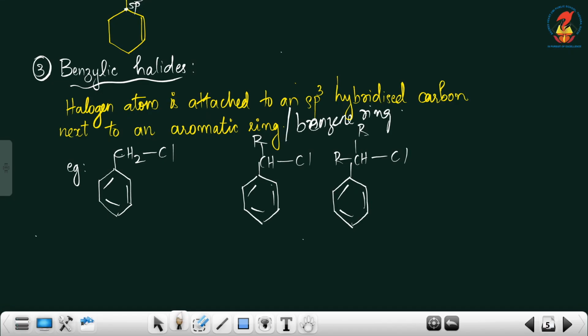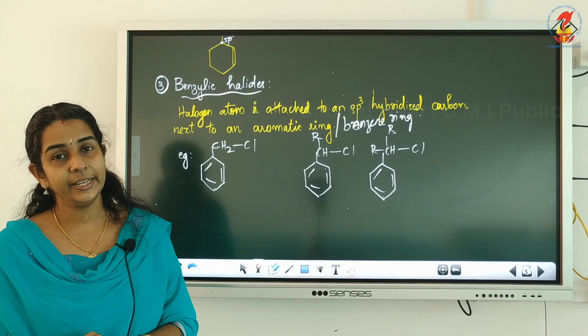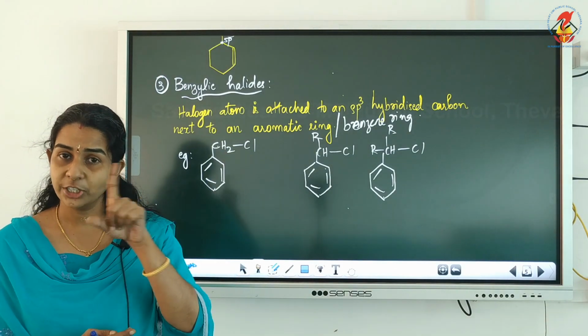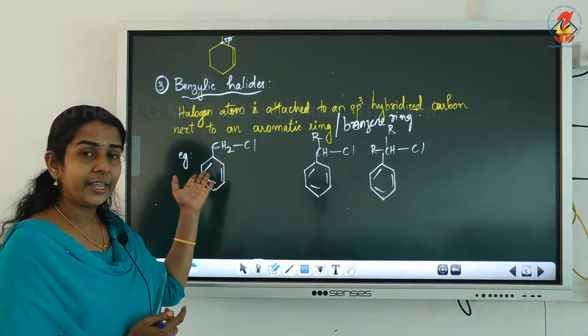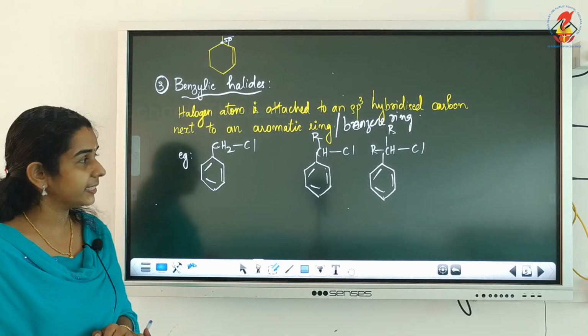So in benzylic halides, X will be attached to an sp3 hybridized carbon. On the adjacent position, not a double bond, instead there will be a benzene ring or aromatic ring. In allylic halides, the adjacent position has a double bond present in a chain or ring. So here on the adjacent position a benzene ring will be present.